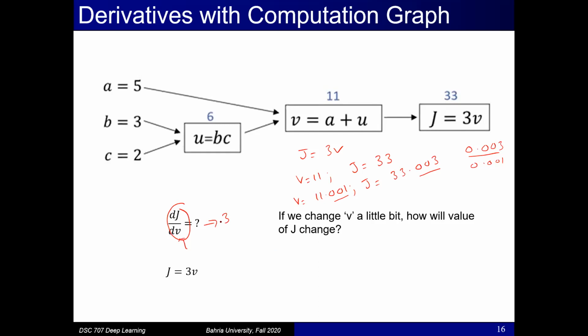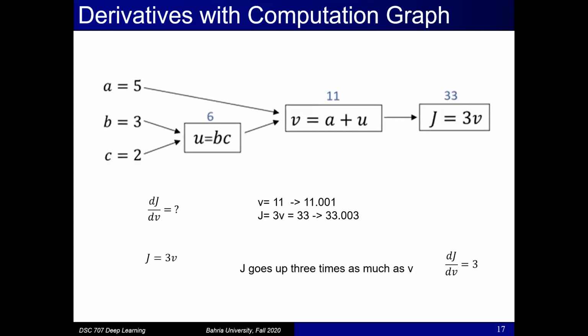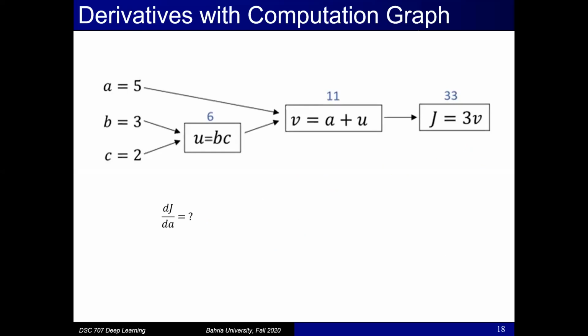So you have computed the derivative, and if you don't want to do all these calculations, you can simply apply the calculus formula. You still get 3 as the derivative, right? Derivative of 3v is 3, the same thing. Okay, so these are the same calculations which I just did.